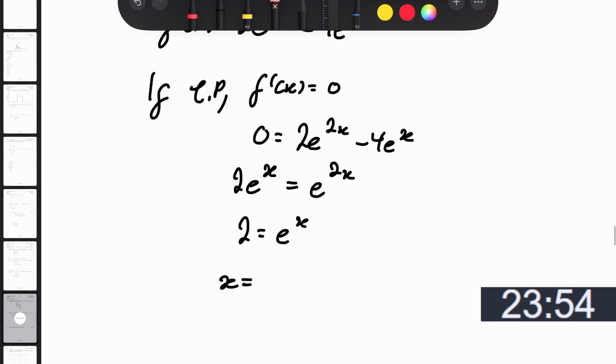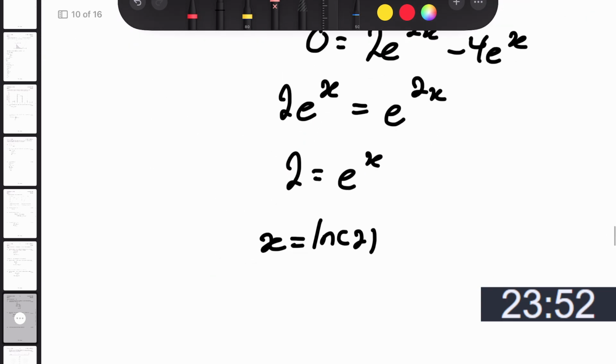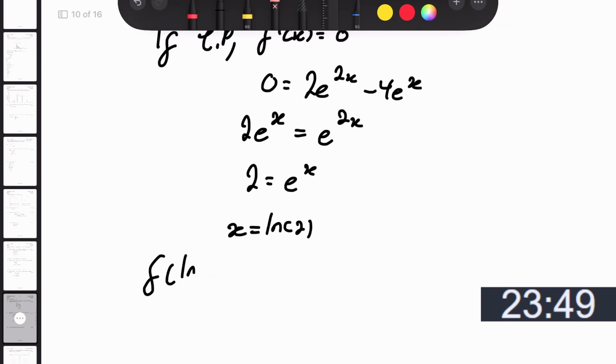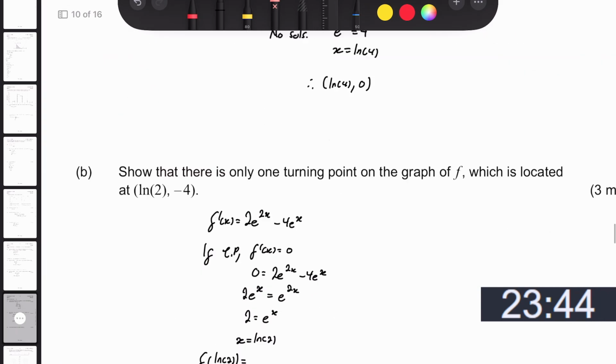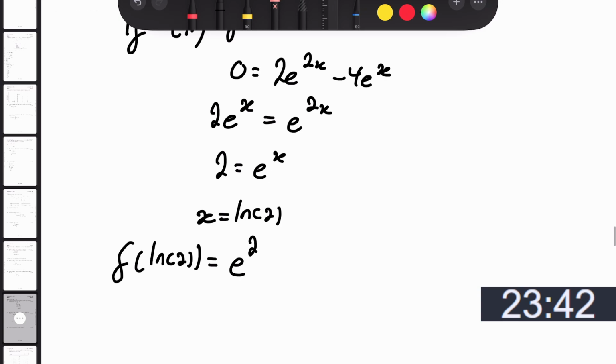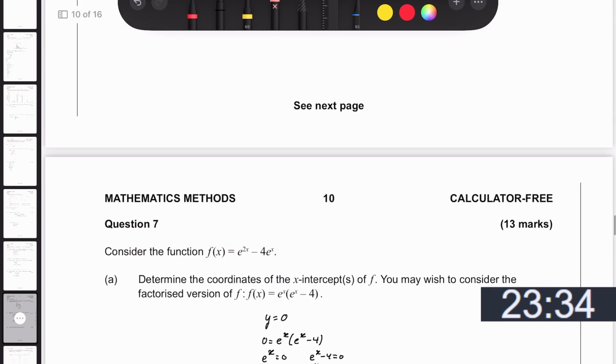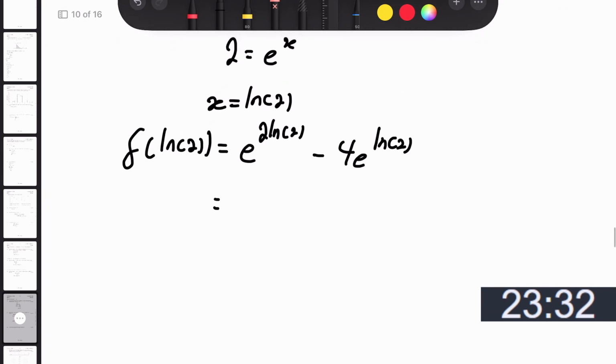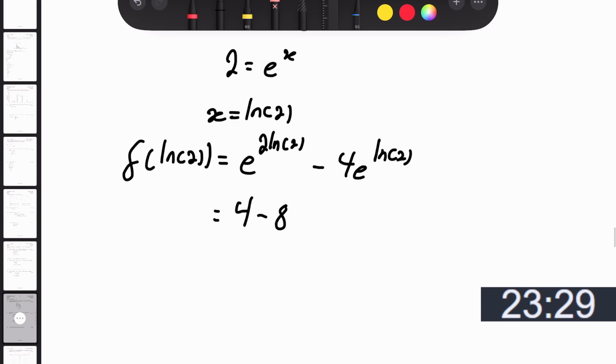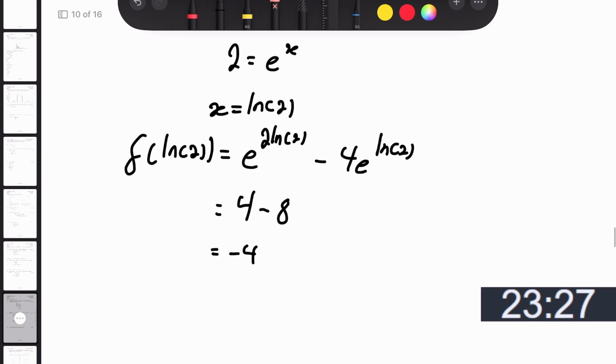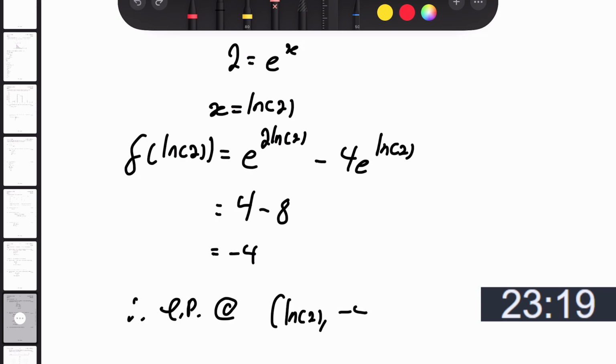So x is going to equal ln of 2. And then we know that f of ln 2 is going to equal e to the 2 ln 2 minus 4e to the ln 2. And then this is going to equal 4 minus 8, which equals negative 4. Therefore, turning point at (ln 2, negative 4).